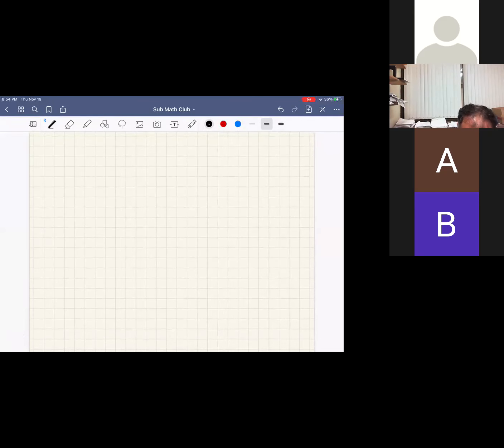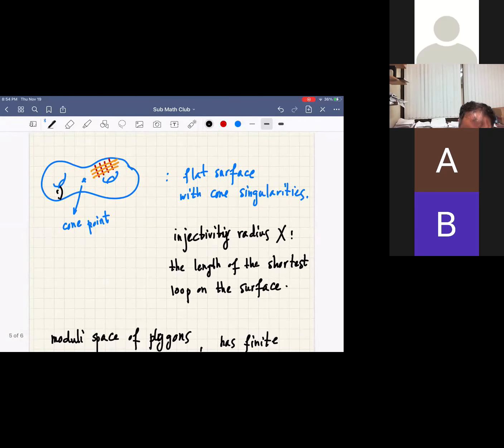So let's say I start with my flat surface with this pair of curves, the horizontal and vertical ones, which come from the polygon.